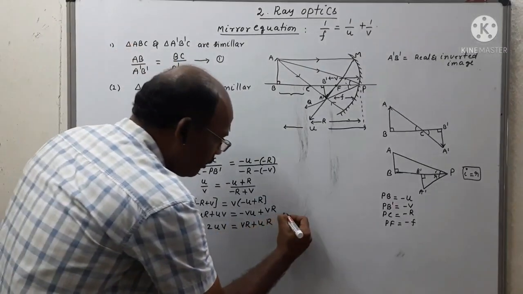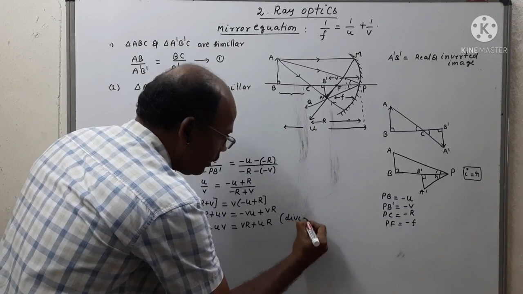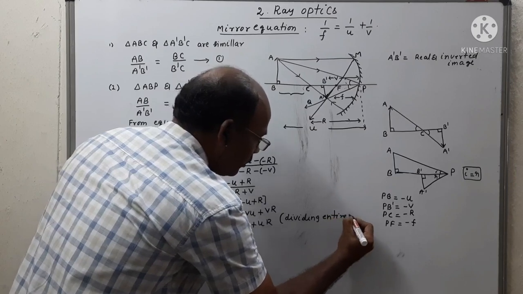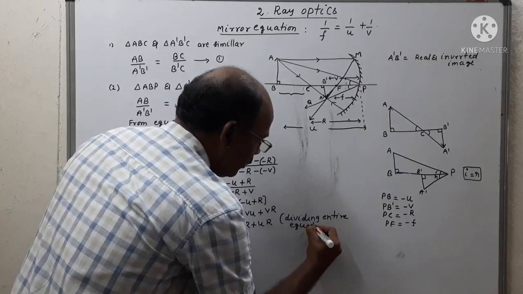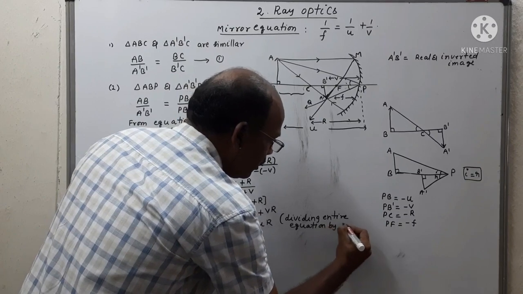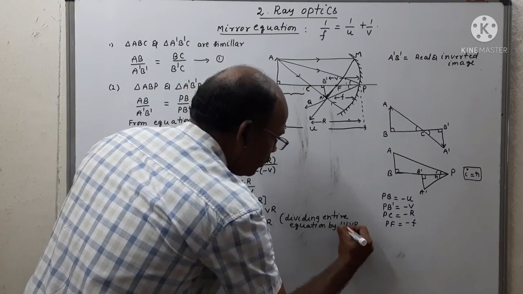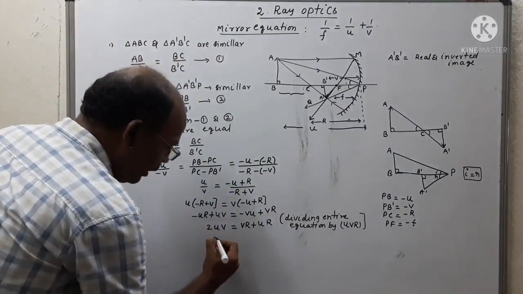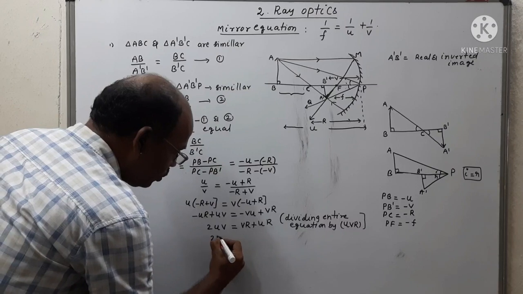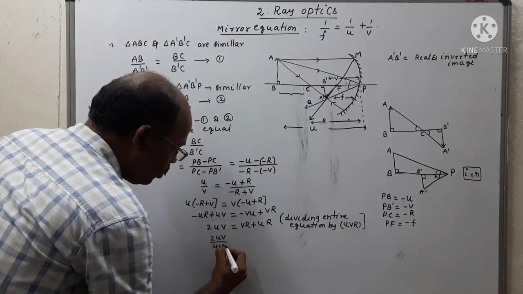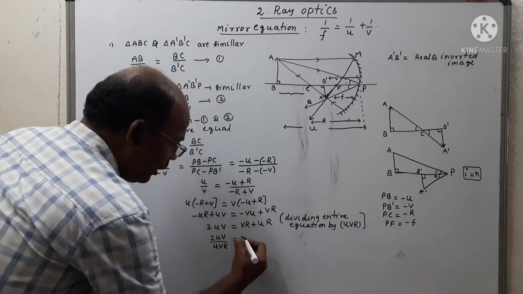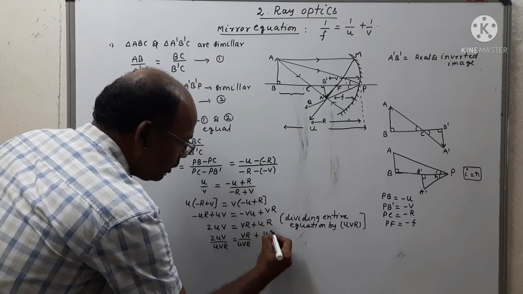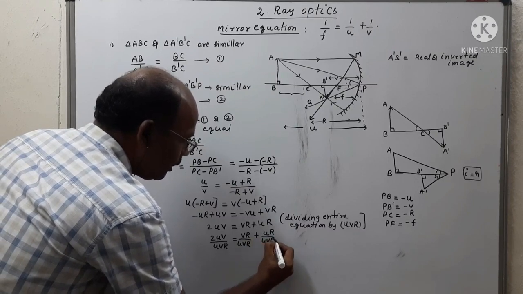So dividing the entire equation by UVR, we get 2UV by UVR, and VR by UVR plus UR by UVR.